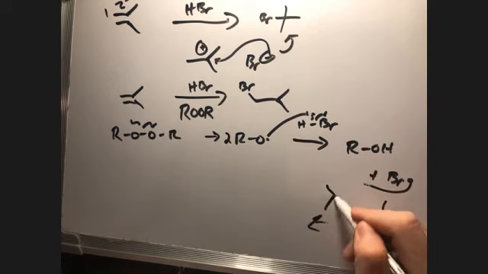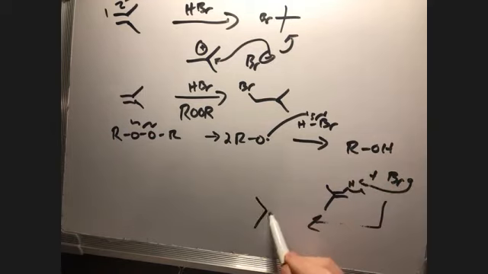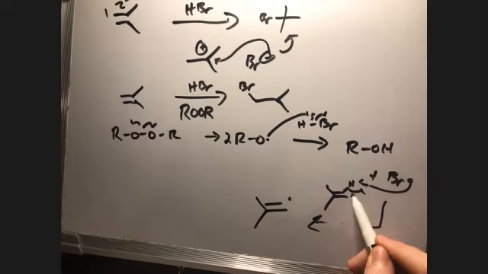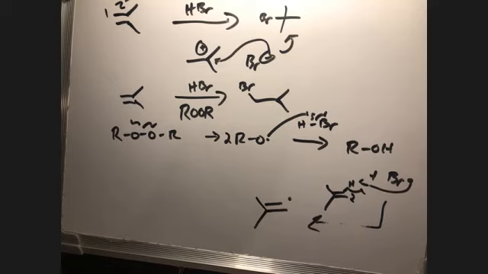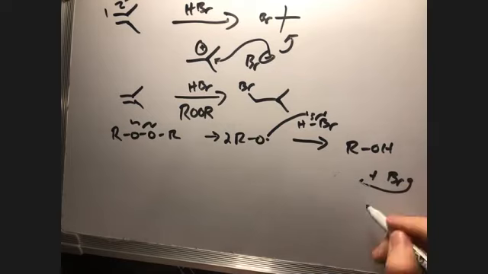I don't think it will go like this, actually. It takes this position, you get HBr. Yeah, this makes much more sense. So then you get here, vinylic position. Actually, I was right the first time. Apologize for this.